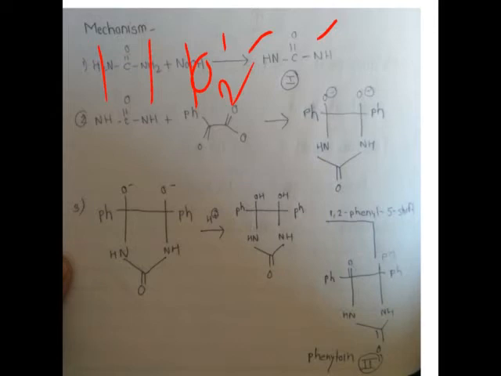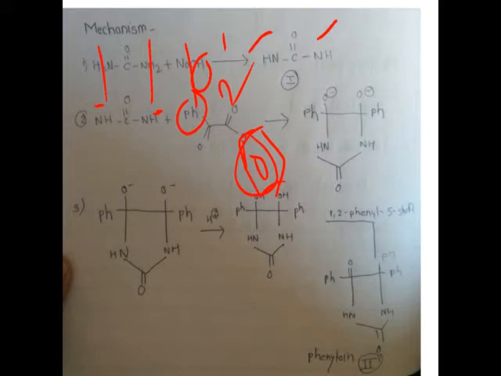In the second step, this NHCO NH, with the nitrogen having the negative charge, reacts with the benzil molecule. It consists of C double bond O, C double bond O, a diketone, and two phenyl rings are present.